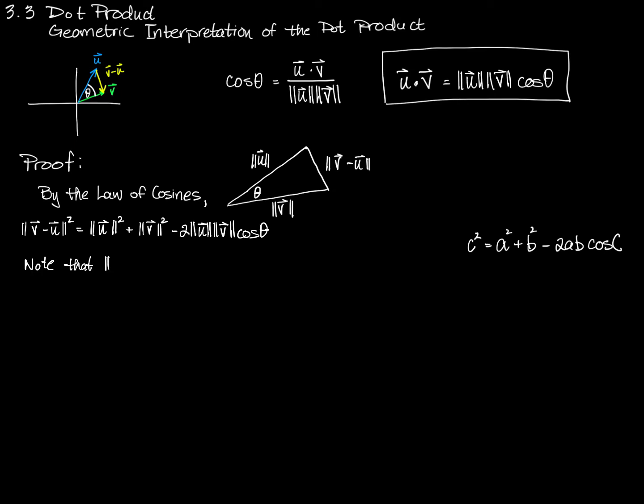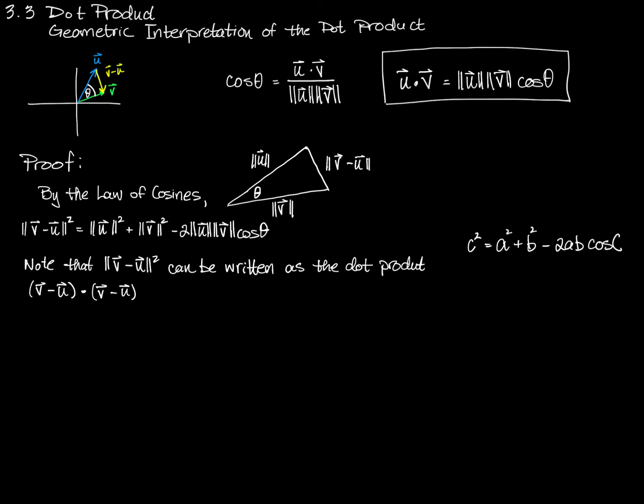that the magnitude of vector v minus vector u squared can be written as the dot product (v minus u) dotted with (v minus u).